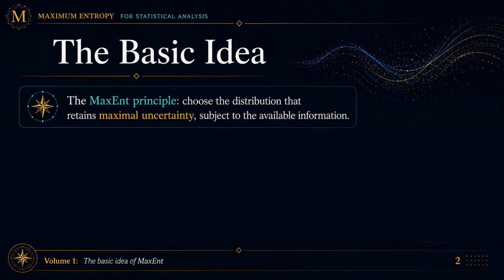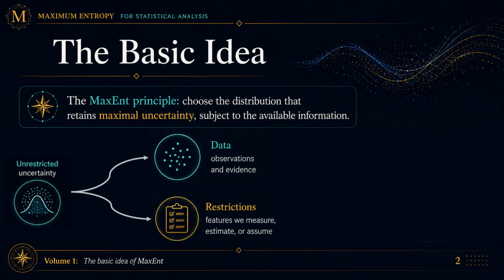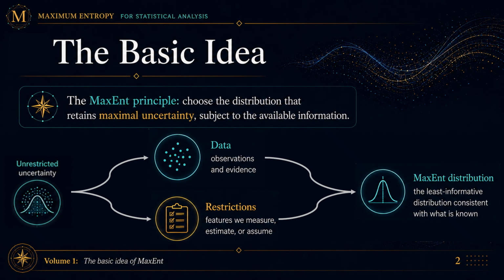But we can imagine the process of MaxEnt as something like starting with maximum uncertainty and then mixing in some information that is contained in the data, as well as these restrictions that are a little bit nebulous at this point, but which we will make concrete shortly. And that information shapes, reduces the uncertainty. That's the basic idea.